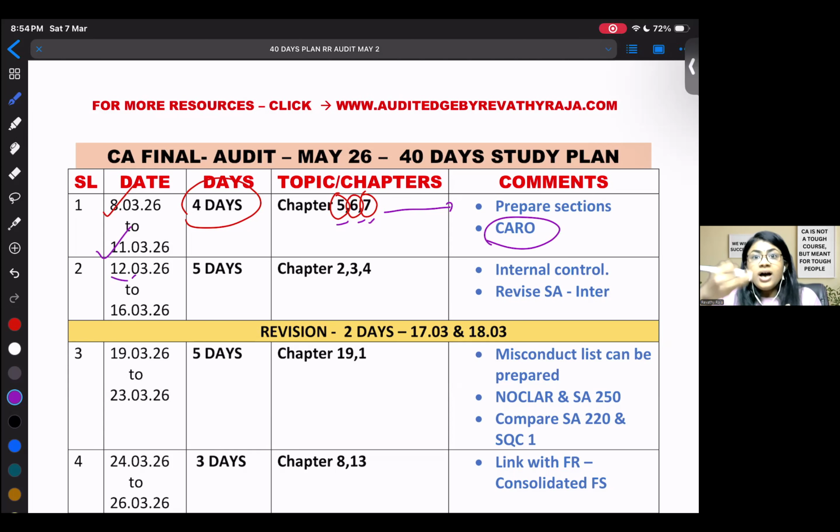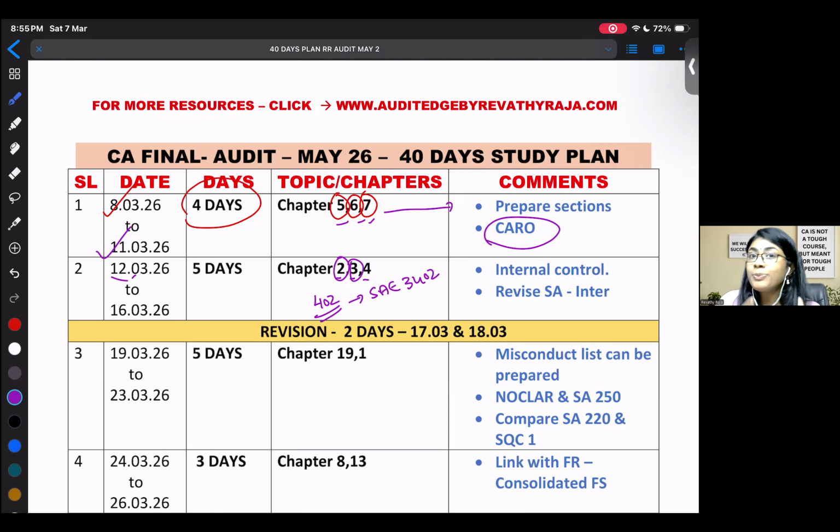Now going with the other chapters: chapter 2, chapter 3, chapter 4. Again, these are SA related chapters, standards on auditing. Chapter 2, responsibilities of auditors, like SA 240, 250, 260, 299, 402. Link SA 402 with SAE 3402.